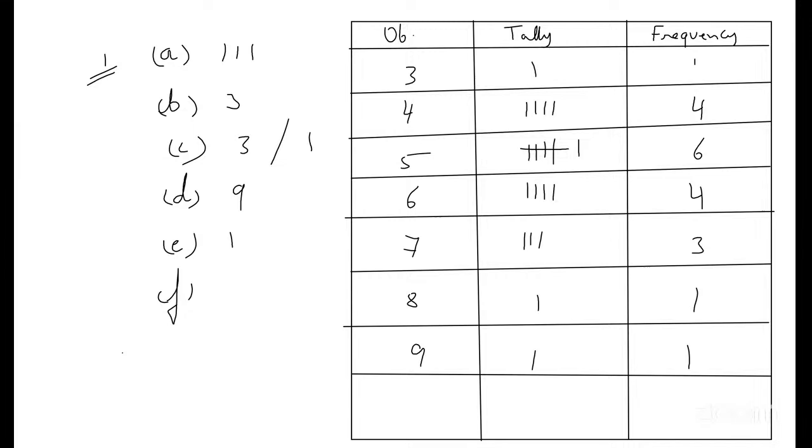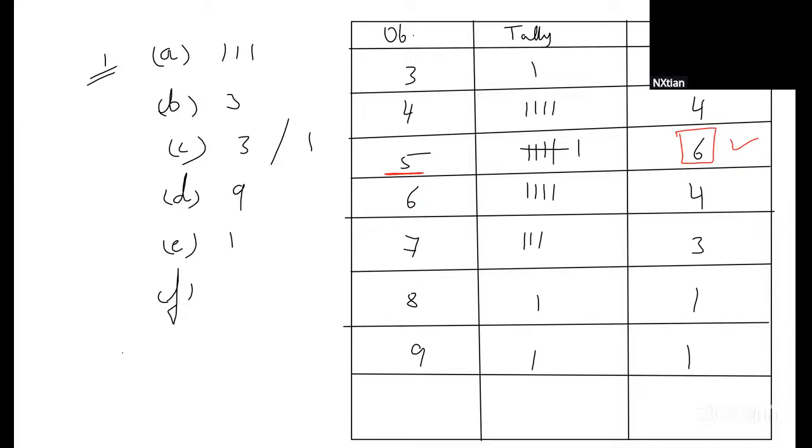If you take a look at the frequency table, what is the maximum frequency? 6. That is correct. But what's the observation that is giving us the 6 frequency? 5. So 6 is the maximum frequency, but the observation is 5.